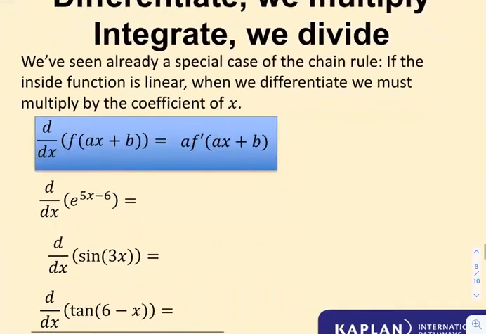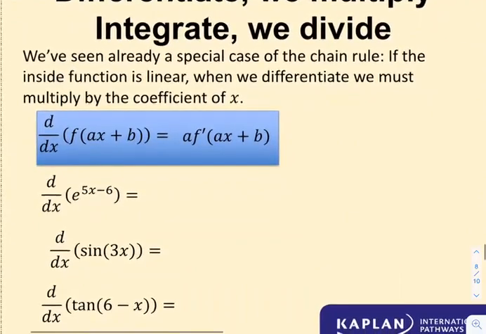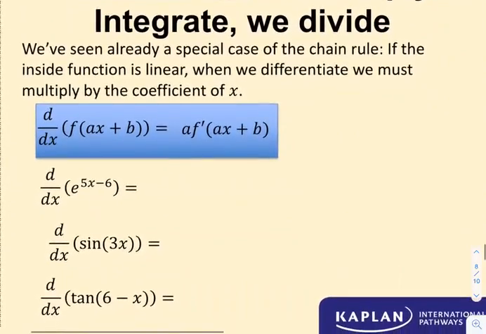We've seen already a special case of the chain rule. If the inside function is linear, when we differentiate, we must multiply by the coefficient of x. So if we are doing d over dx for a linear function, that means ax plus b, not squared, etc., then we multiply by the coefficient of x.